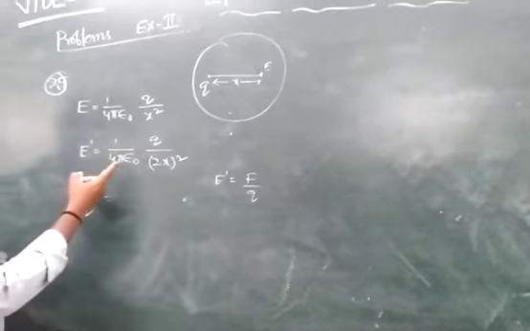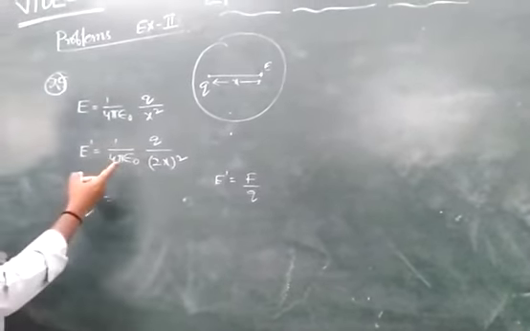The electric field is radially outward from the sphere; the charge is located at the center. Then find the magnitude of charge in the sphere. Radius is given, then the q value we can find out.